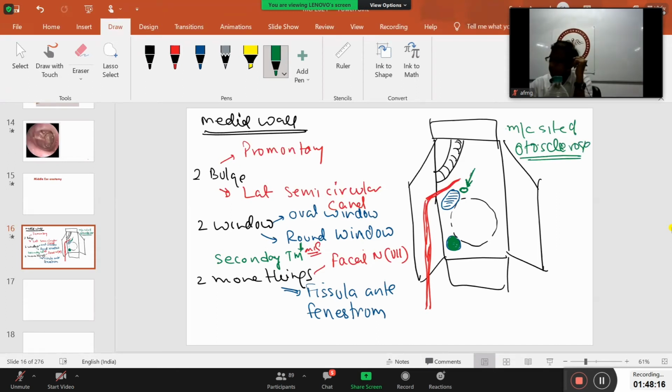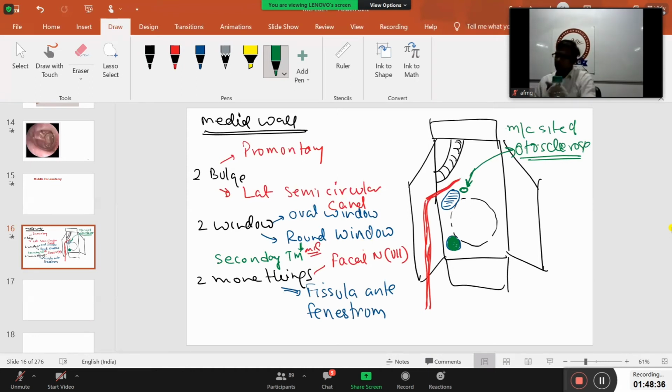We'll discuss this disease in detail maybe tomorrow. And one thing you already know, where does it arise most commonly from? It arises from the fistula. Remember this, I'll ask you tomorrow. Okay. Where does otosclerosis start from? It starts from fistula, in front of the oval window.